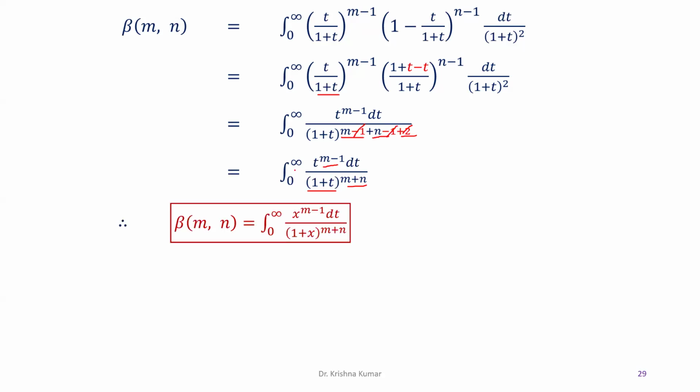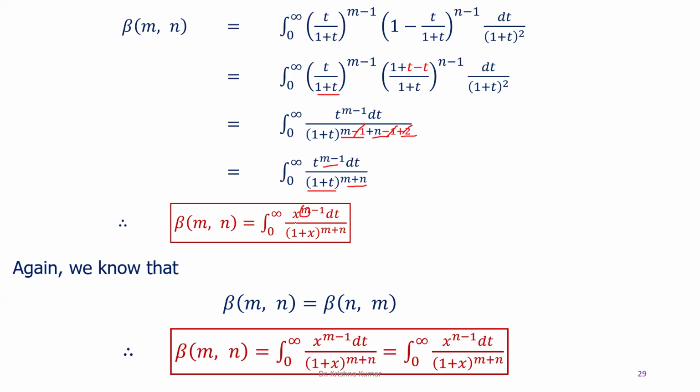So therefore, beta of m,n is equal to integration of x to the power m minus 1 upon (1 plus x) to the power m plus n under the limit 0 to infinity. But we know that beta of m,n is equal to beta of n,m. So this m can be replaced by n.